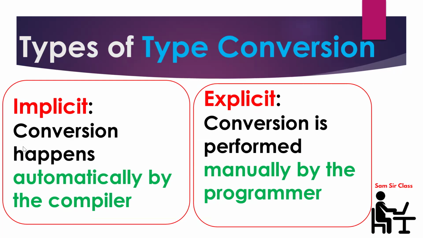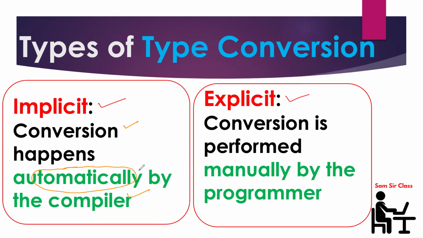One is known as implicit type conversion, and another one is known as explicit type conversion. Now let us check what implicit type conversion is. It is the conversion which happens automatically. Remember this keyword: it happens automatically by the compiler. You are not doing anything. The compiler automatically does it.